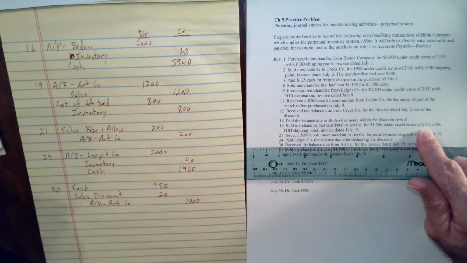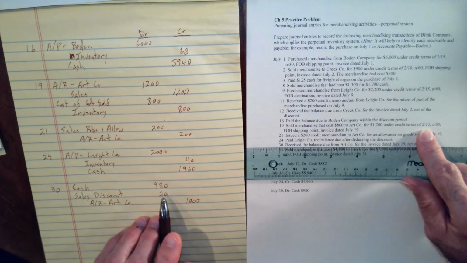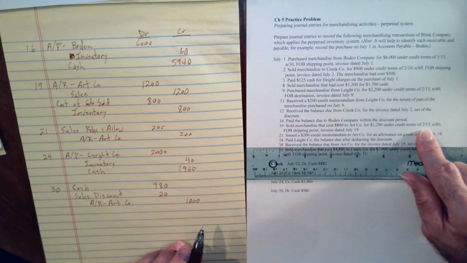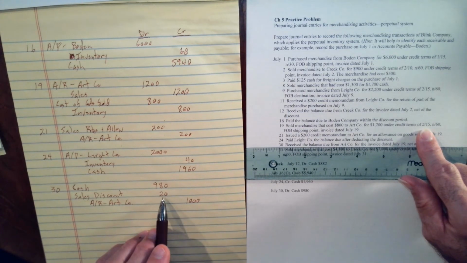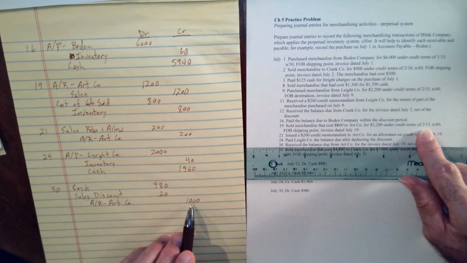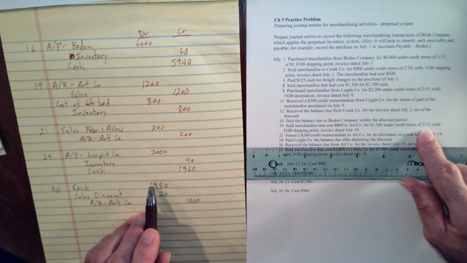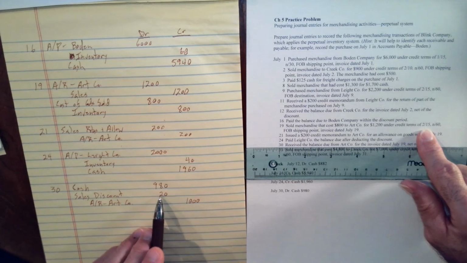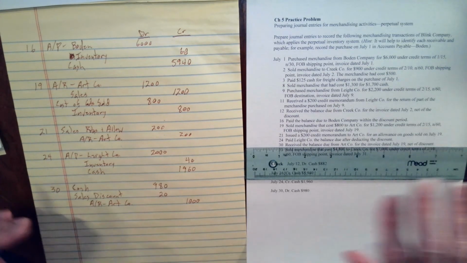When you're doing these transactions, folks, make sure that your debits and your credits equal each other, and by using that rule you can literally back into some of these numbers. I wasn't sure exactly how much cash I was going to get back, but I knew I had a sales discount of 2% of $1,000, and so calculating that would be $20. And then I knew I had to have another dollar amount here for cash, and so I took the 1,000 minus the 20 to arrive at cash for $980.